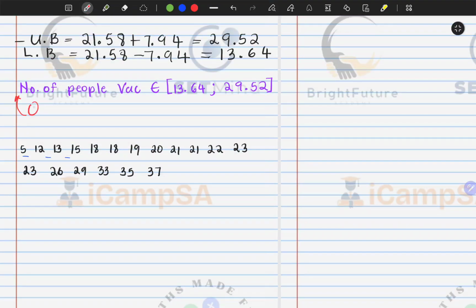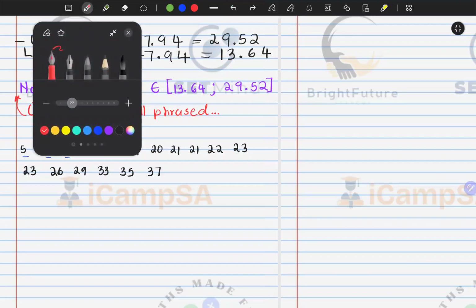So what I'm going to say about this question is that it is not well phrased, for a simple reason. Whenever you're dealing with questions like this, what this tells us is the number of people who came to the clinic per day.